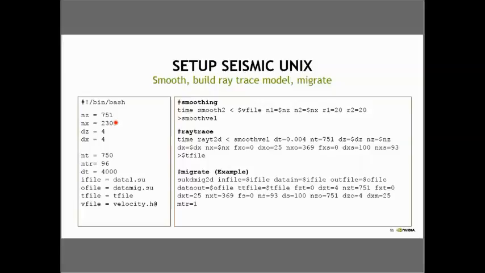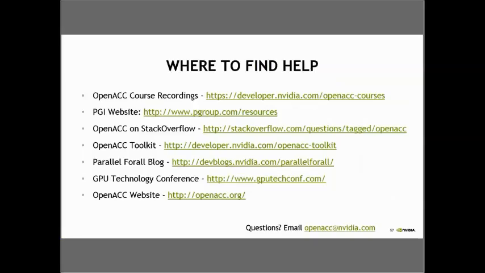You can adjust these parameters and do bigger runs to help you understand scaling on a wider scale. Finally, a whole list of resources for you to go get more help in this area.